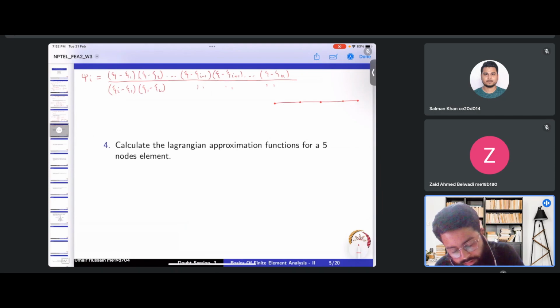What would be the coordinates of each node? Zeta 1, zeta 2, zeta 3, zeta 4, zeta 5. Okay, anyone?